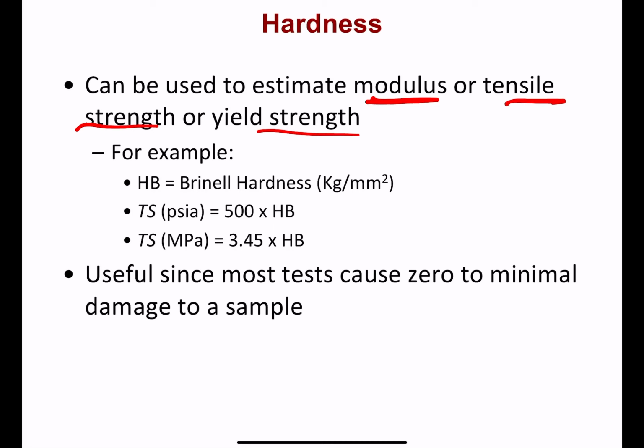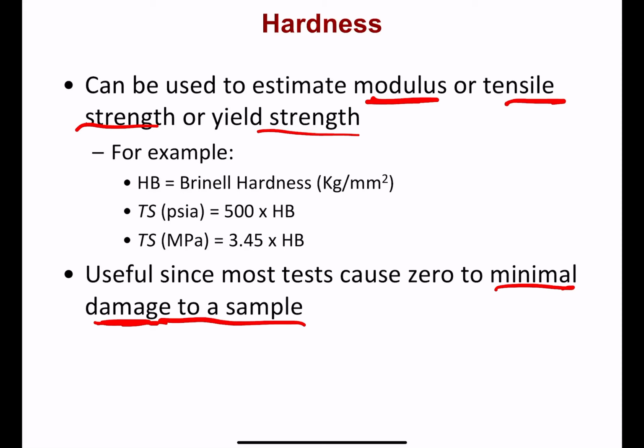You might have a skateboard and you're interested in its tensile properties or yield strength. Simply doing a hardness test on that complex surface can often be easier to do. And often it's non-destructive or leads to very minimal damage, just putting a little tiny dent in the material, and this can be acceptable under some circumstances.